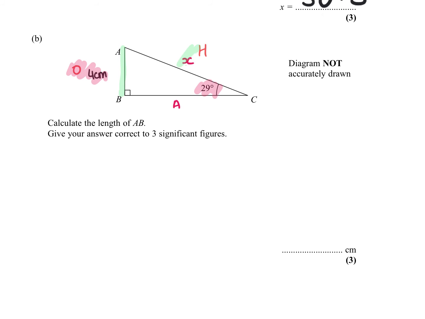What do we want? We want H. So it is O and H, which we know SOH CAH TOA is sine of the angle equals opposite over hypotenuse. Okay? So sine of 29 equals 4 over H.